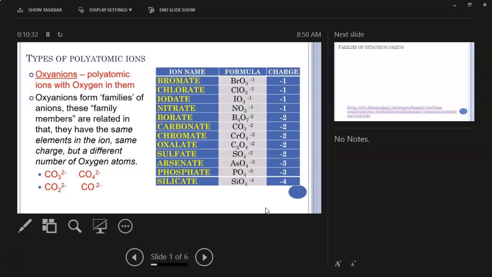So if my formula is SO5 2-, how am I going to name him? Perfect. Persulfate.